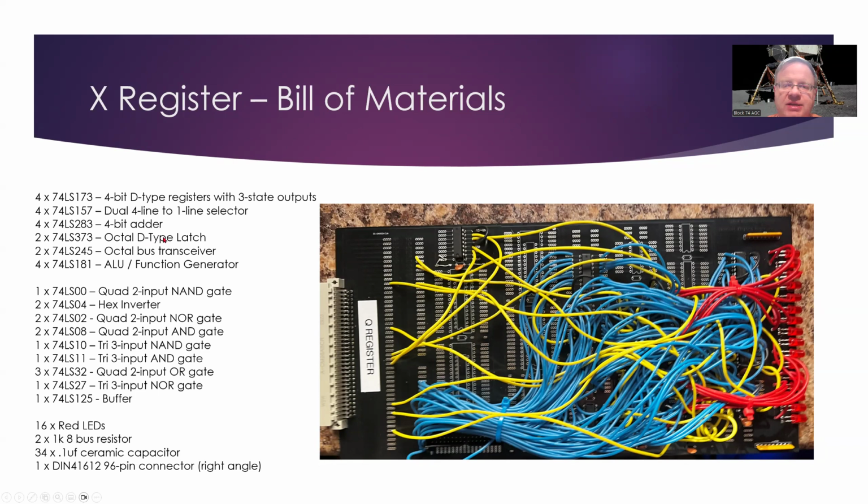We've got the latch that we use to store the data, so we can hold it on the write line and then write it into either the A register or a channel register. We've got our bus transceiver. This actually should be one, there's only one of them, not two. And then we've got our ALU function generator to perform some of the write line logic that we need, and a whole bunch of glue logic for everything to work together.